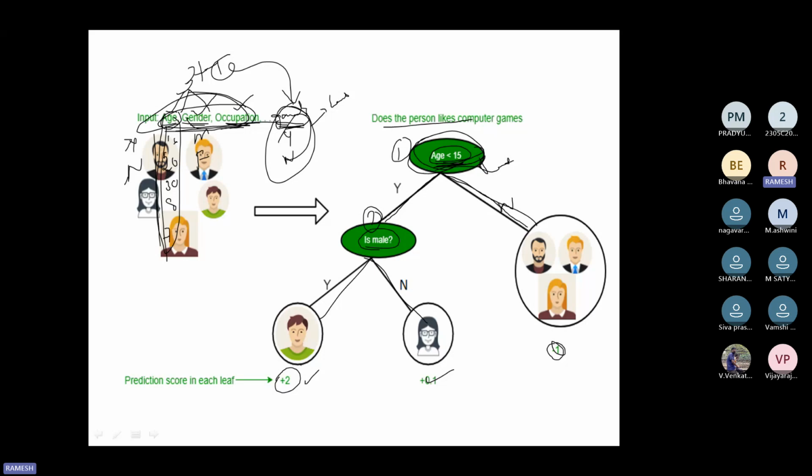Without considering occupation, we directly give the output with just age and gender, only two columns. If we change the root node to gender, gender may be male or female. If it is male, what should we check? If it is female, what should we check? Understood?